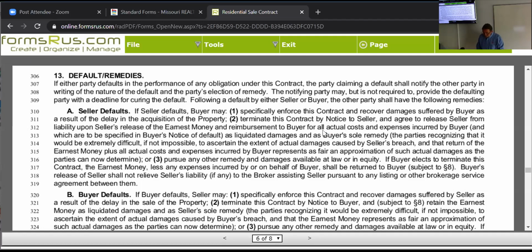Now, paragraph 15 is important because the seller disclosure is voluntary. So they don't have to fill one out. We encourage them to, and they have to fill out anything that's required by statute. Here are your choices. A, buyer confirms that before signing this offer to purchase, buyer received a seller's disclosure statement.